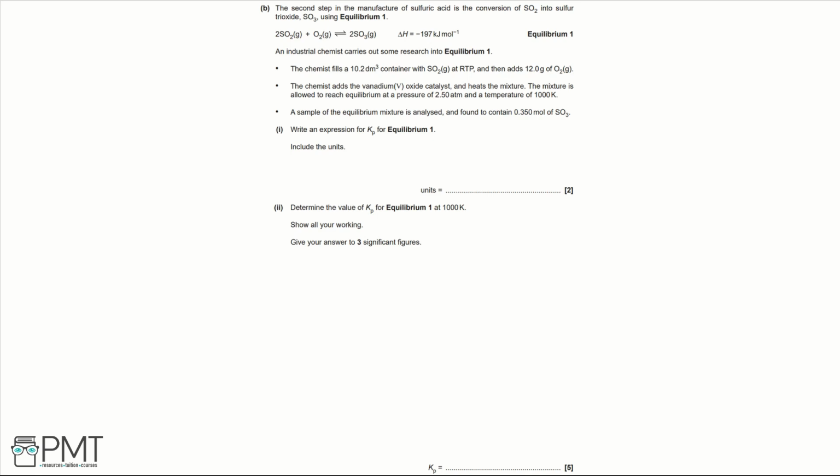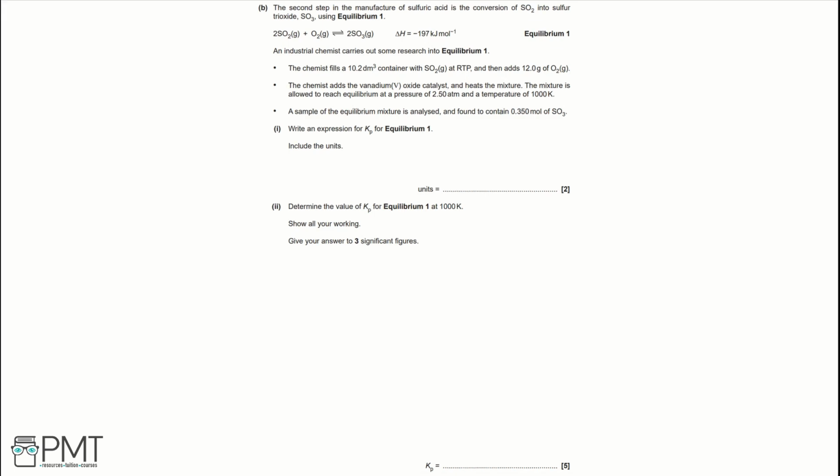Include the units. When working out Kp, you use your equilibrium expression and you work backwards. So you have your products as your numerator and your reactants as your denominator. I'm talking about this in the idea that our reaction is going to go forwards. So our products would be SO3, and we're going to square this because we've got a big 2 in front of the SO3.